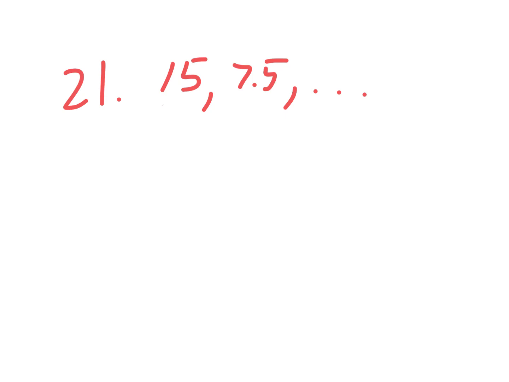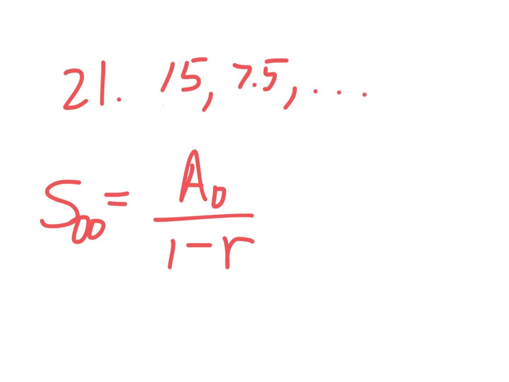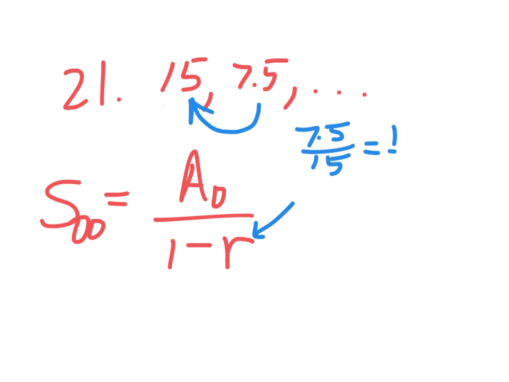and you can add them all up. And here's the formula you use. The starting value over 1 minus the rate. That is the sum to infinity. This only works for numbers that are going down, down, down by a multiple. So it's got to be a geometric series. And the r number will always be less than 1. In my case, you take this divided by this, 7.5 over 15, and you'd see it was 1/2. I was getting halfway to the door each time, right?